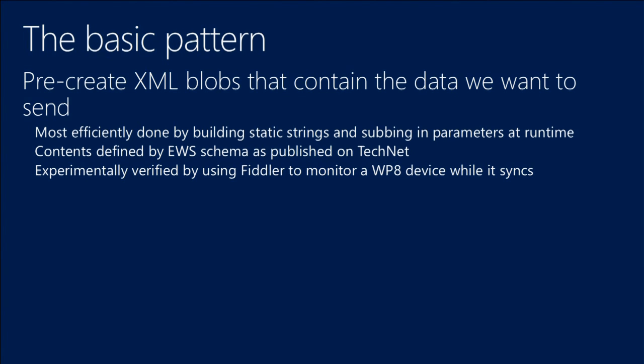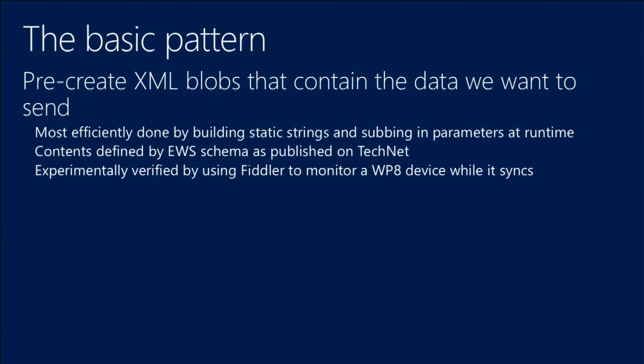The first step in the pattern is that we'll create a blob of XML that has the data in it we want. Okay, if I say SOAP as a programming idiom, does that make sense to any of you? Any of you heard that term before? Okay, a few. SOAP stands for Simple Object Access Protocol.